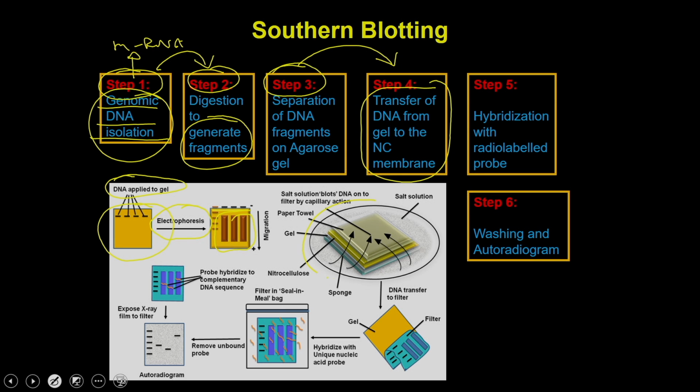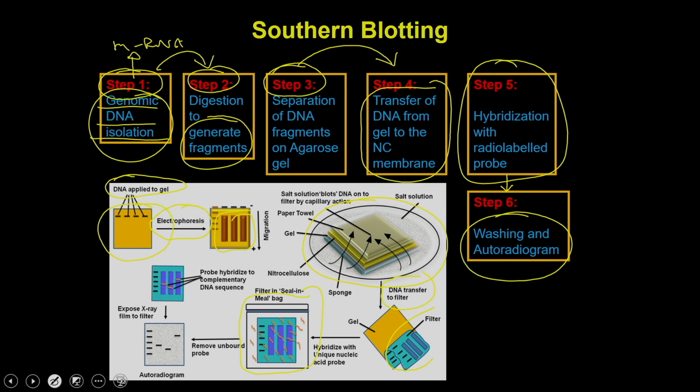In this case also you use capillary action to transfer the DNA present on the gel to the nitrocellulose membrane. Now, in step 5 you incubate the DNA that has been blotted onto the membrane with the radiolabeled probe, and then in step 6 you do the washing as well as the development of the autoradiogram.